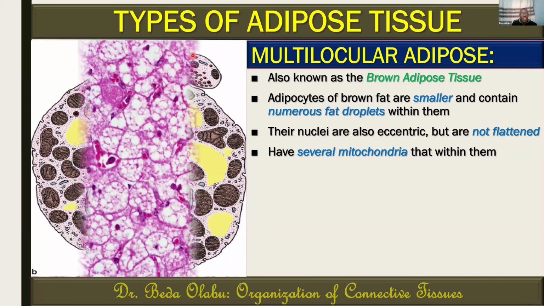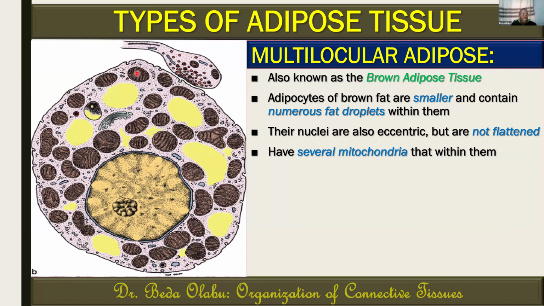So a single cell will have numerous mitochondria within it, very many mitochondria, as we can see in that illustration, very typical of multilocular adipocytes. So they have less of the rough endoplasmic reticulum, but more mitochondria, because basically the breakdown of fat usually occurs within these mitochondria.